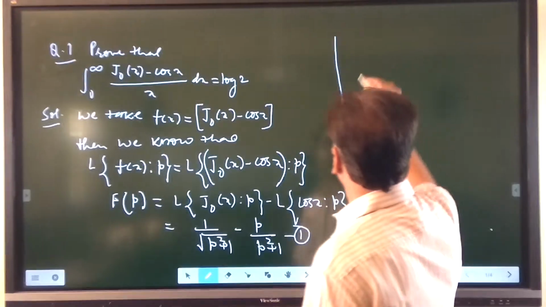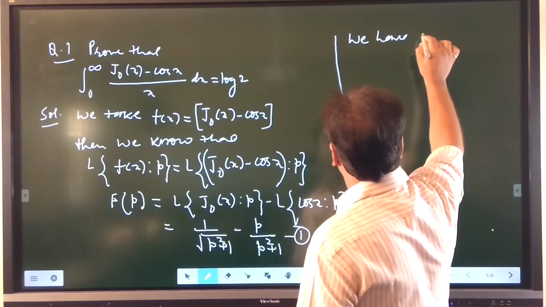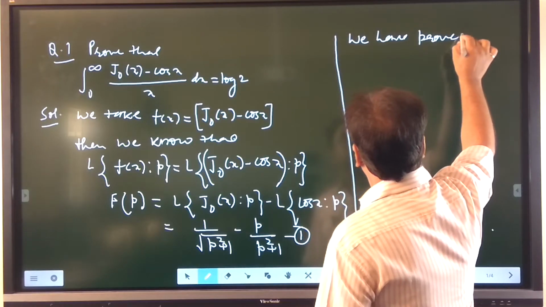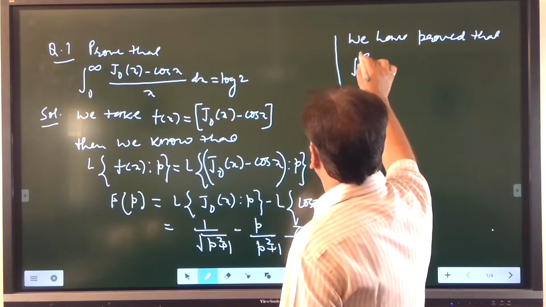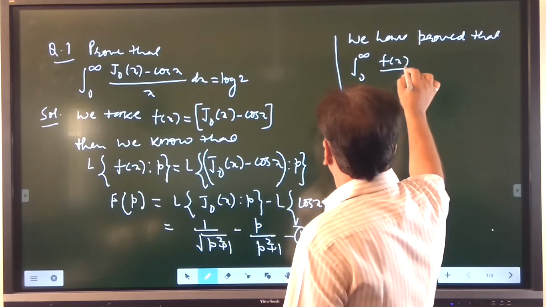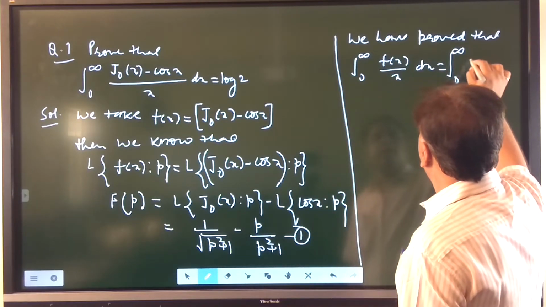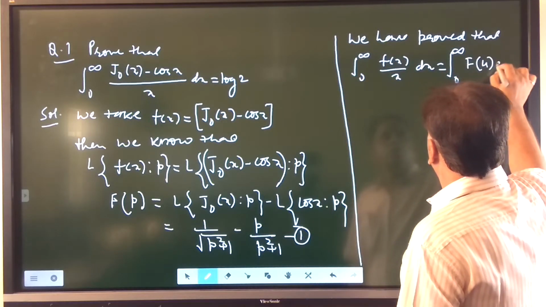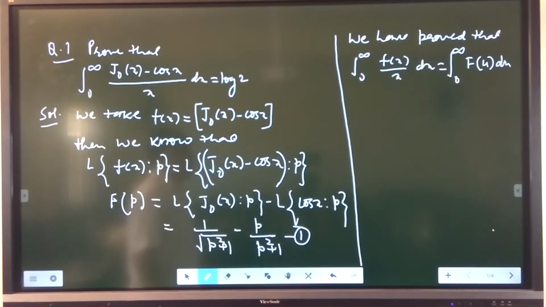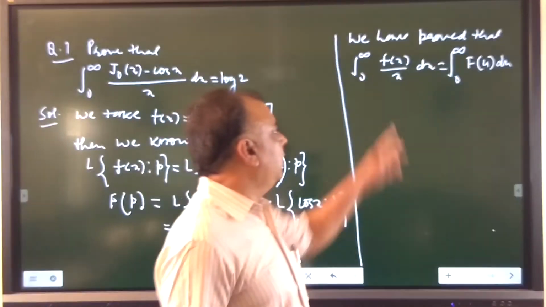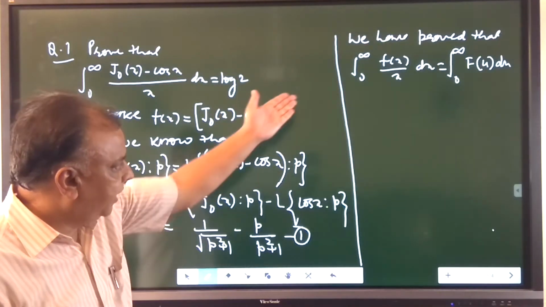As we have earlier proved that the integral from 0 to infinity of f(x) upon x dx is equal to the integral from 0 to infinity of f(u) du. This is obtained by taking the Laplace transformation of f(x) upon x, and by taking p tends to 0, we get the result.